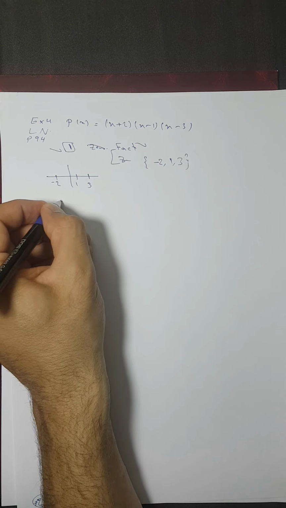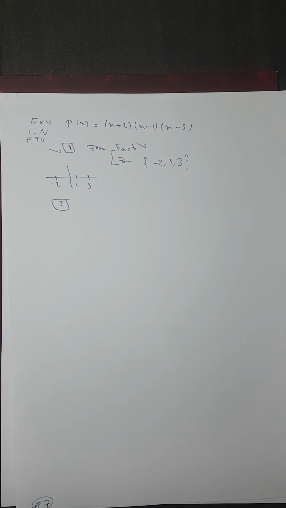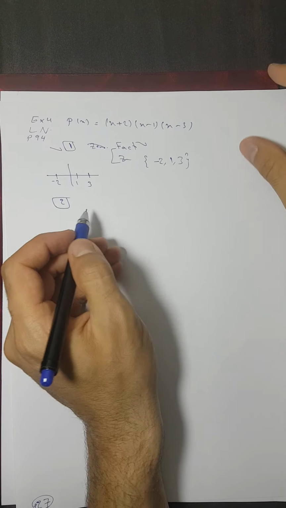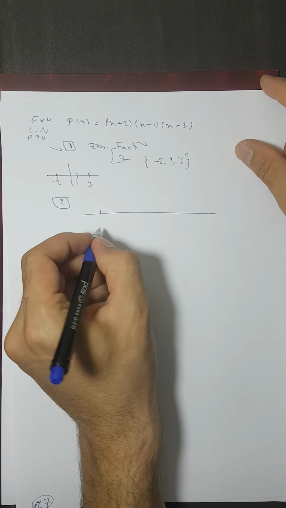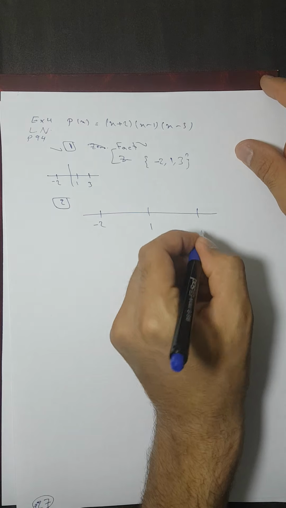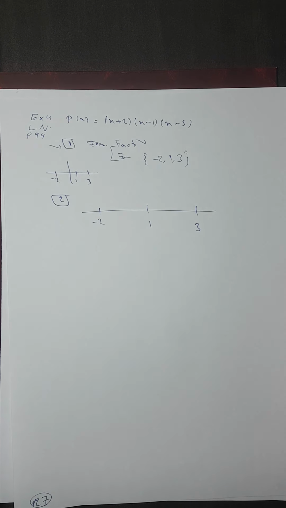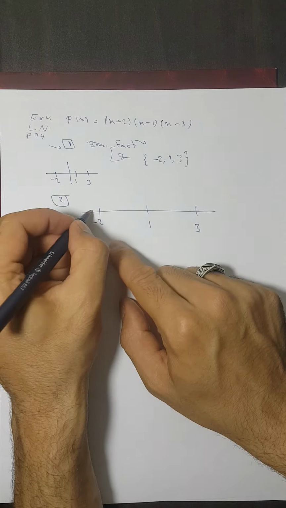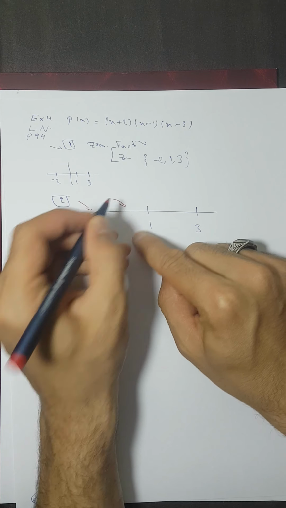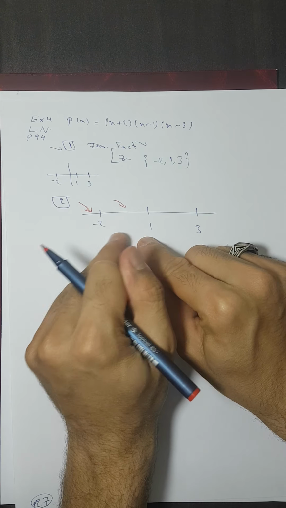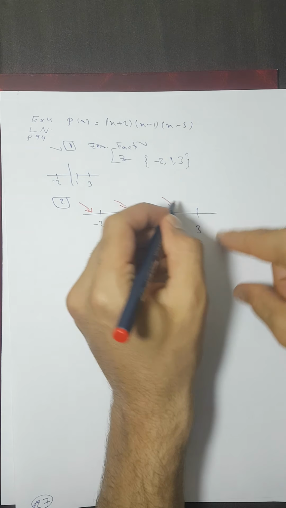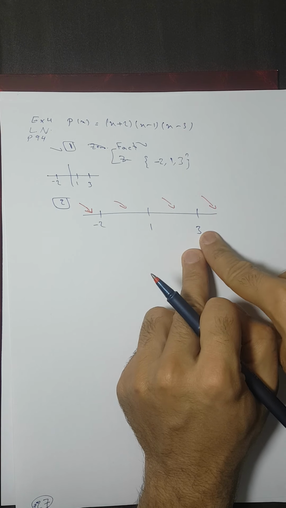Now go to the second key. We set test points. When we say test points, it means write down these zeros, minus 2, 1 and 3, and choose a value less than minus 2, between minus 2 and 1, between 1 and 3, and greater than 3.